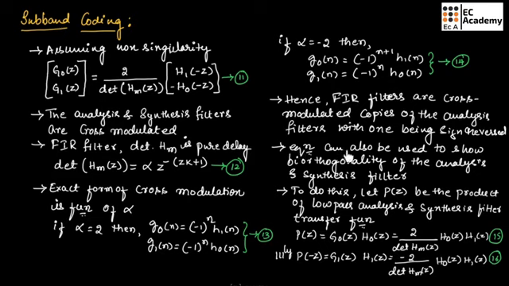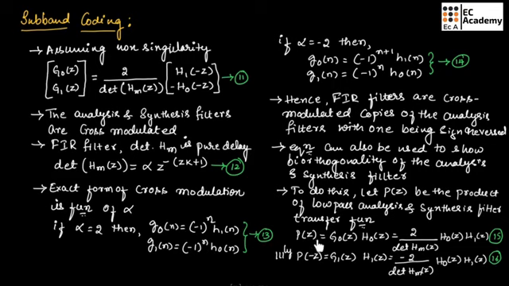So these equations can also be used to show bi-orthogonality of the analysis and synthesis filters. To do this, let us consider P(z) to be the product of the low-pass analysis and synthesis filter transfer functions.